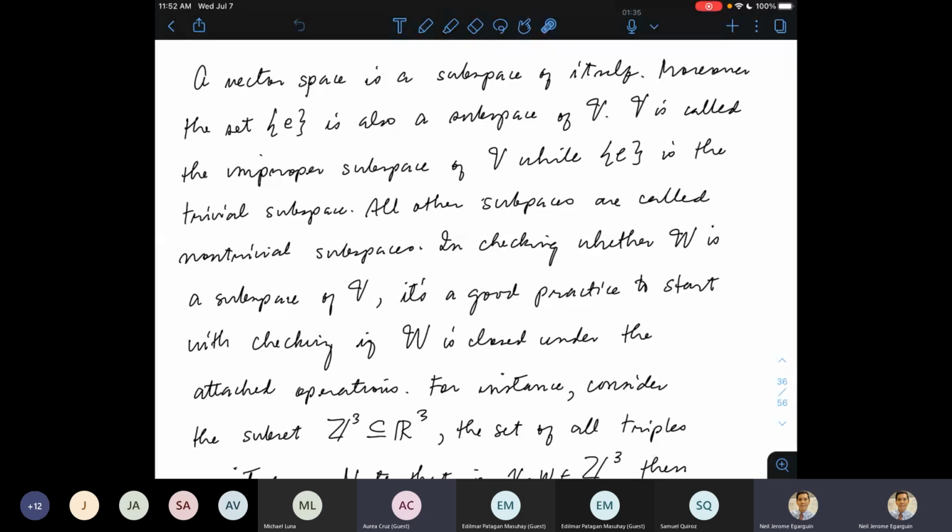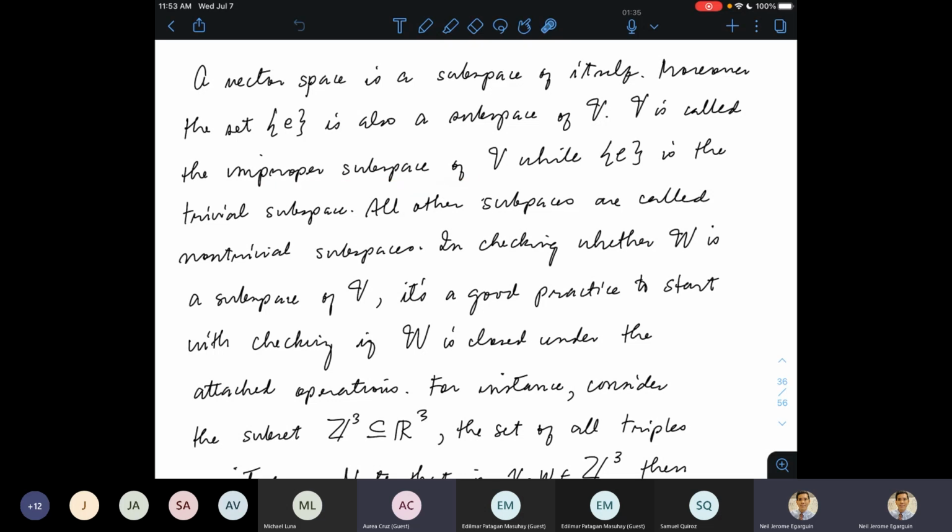So let's see. We say that the set containing the vector additive identity is called the trivial subspace, while the set itself, of course, is a subset of itself, and it is also a vector space. So technically, it is also a subspace of itself, and we call it an improper subspace.